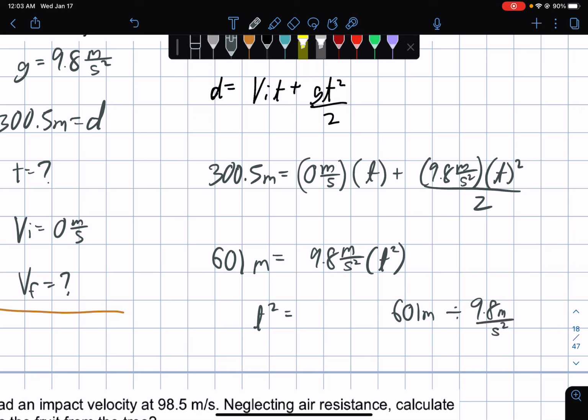Yeah, the meter unit will cancel. Imagine this is reciprocated already, and the divide sign is already removed. So apparently we have 61.326530612. That's long. Okay, don't forget the unit. S squared. And place a radical sign. What is the answer?